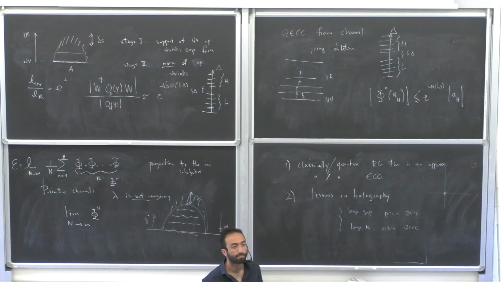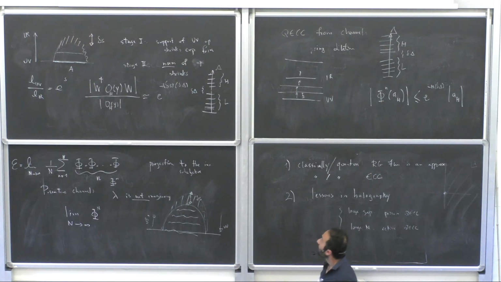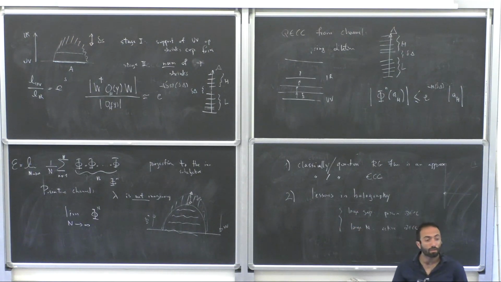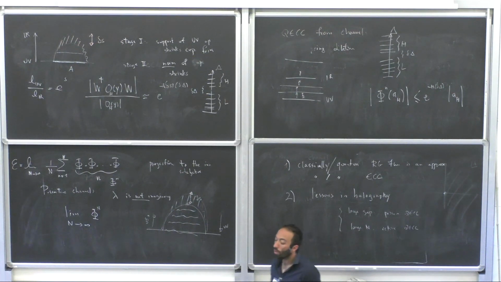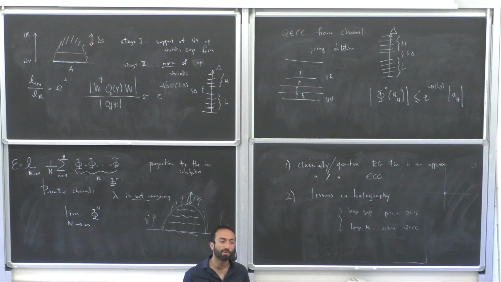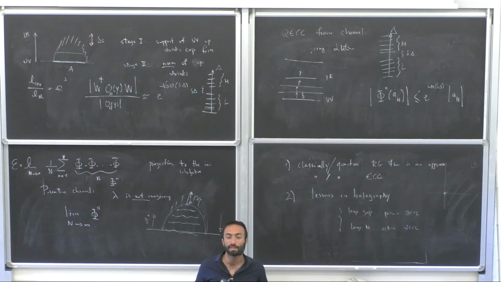One technical question. How do you define these norms of the operator in general? Are you worried about the fact that these operators are unbounded? In finite quantum systems, of course, we're not worried about this. In quantum field theory, we're talking about the algebra of observables, which is the set of bounded operators.